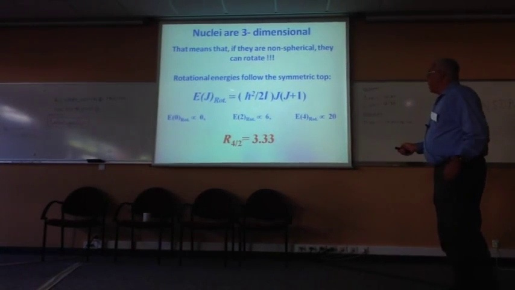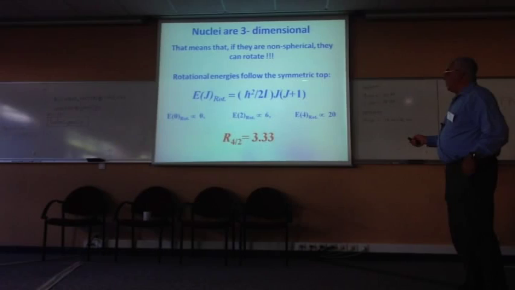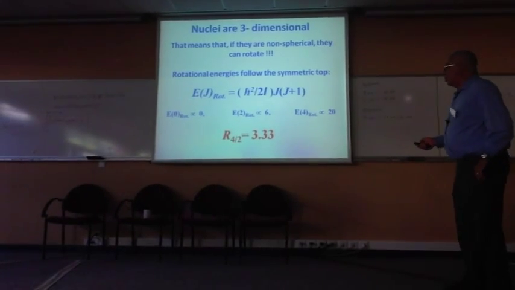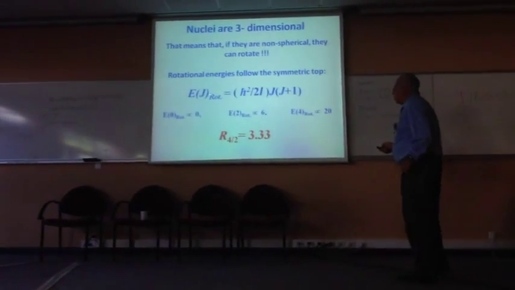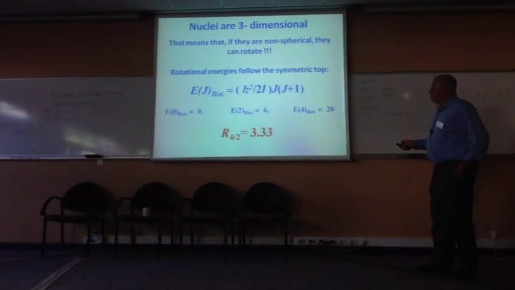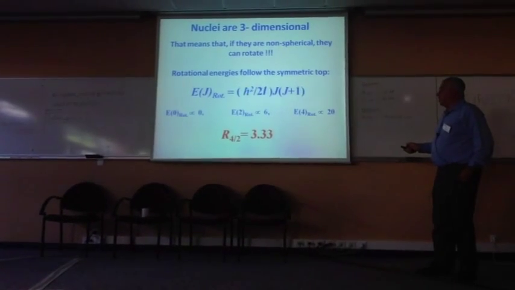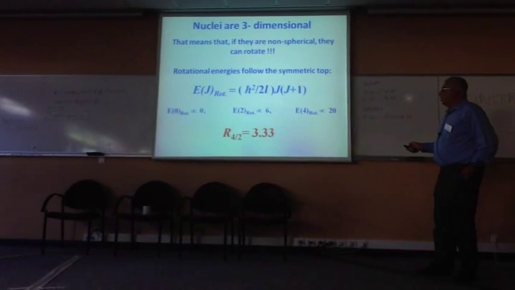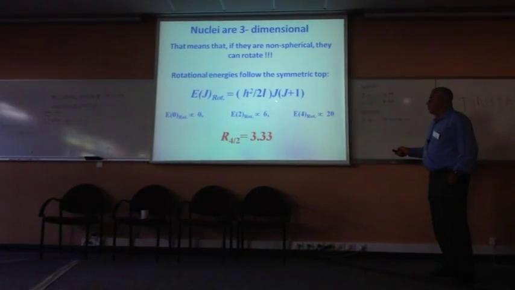Those energies follow the energies for the quantum mechanical symmetric top, which means that the energies of these rotational states go as h² over 2 times the moment of inertia times J(J+1). A comment here that I should have made before.